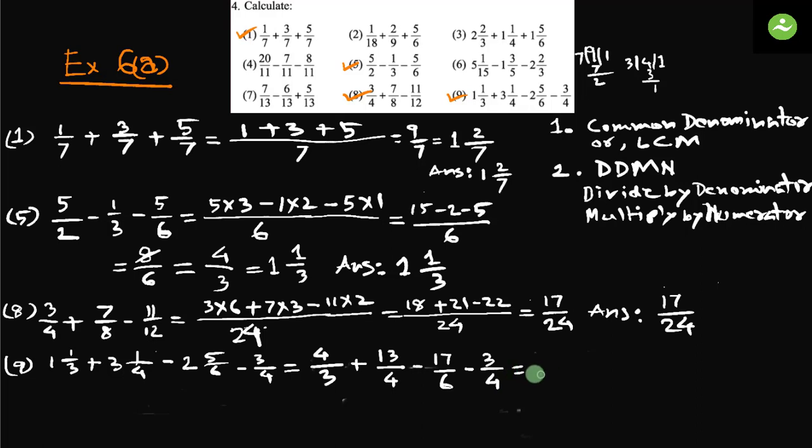Equals to, now what is the common denominator we find here? It should be 12. How do you find it? Just do the least common multiple. You get it. Easy. So 3, 4, 6, 4. So common denominator is 12. So divide, that formula, DDMN.